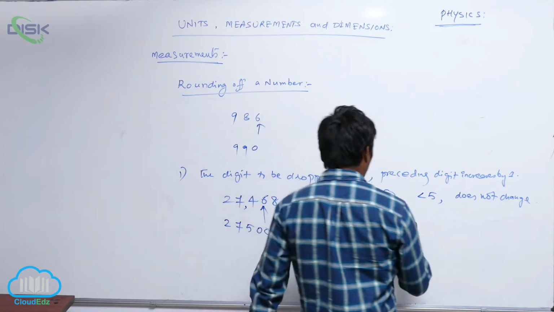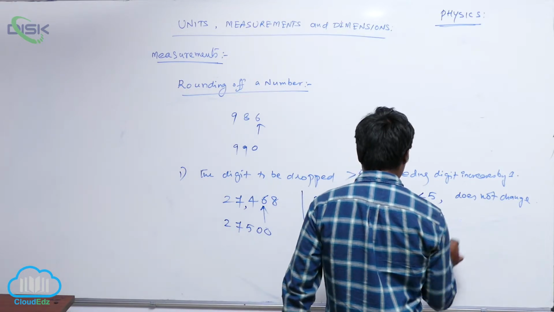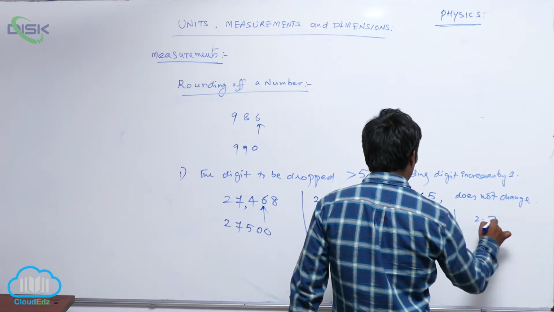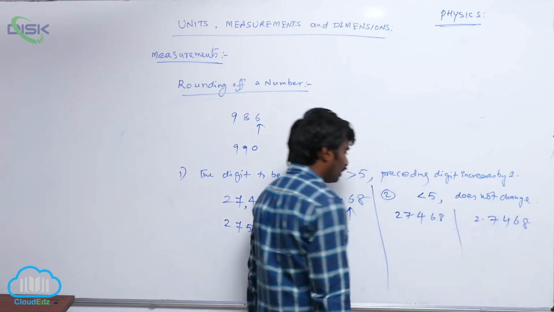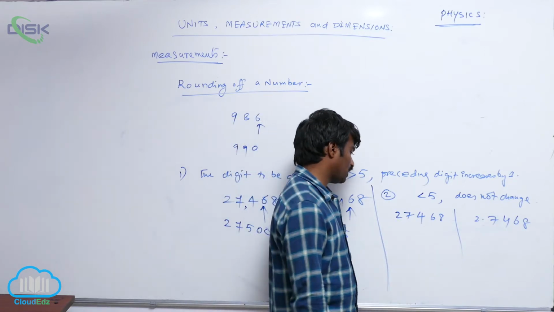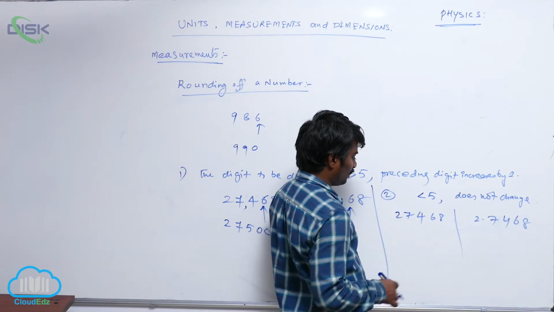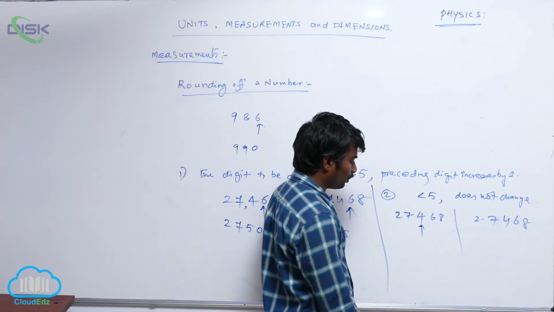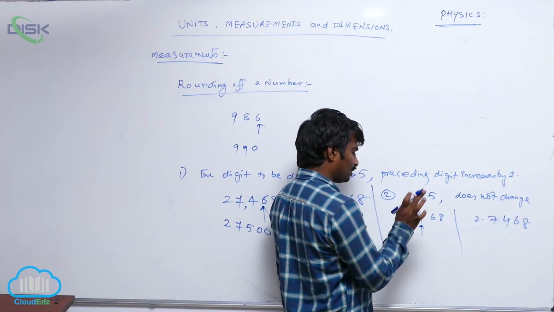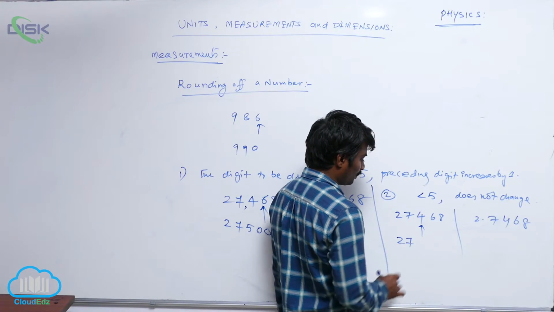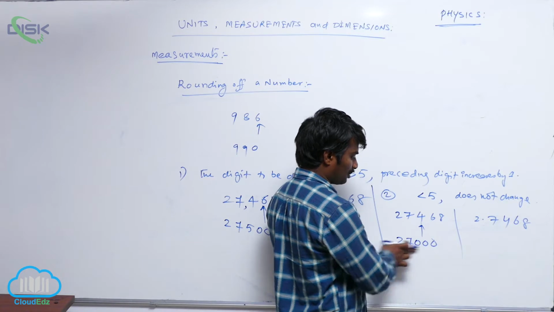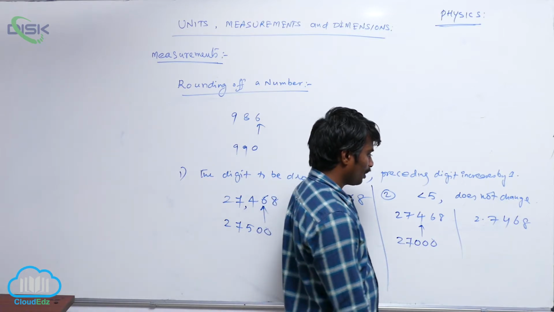Same example, let me take 27468 and 2.7468. Now I want to round off this number to two significant figures. Two significant figures means 27. So the immediate digit to be dropped is 4. This 4 is less than 5, that's why the previous digit does not change. So 27, and in the place of dropped digits you have to write zeros because this number does not have any decimal point.